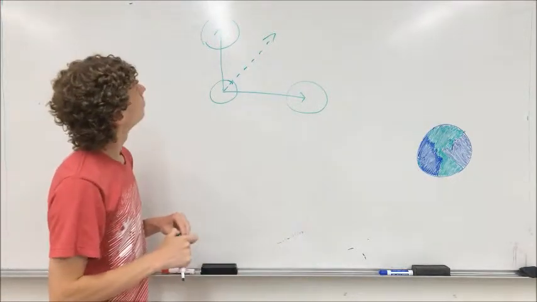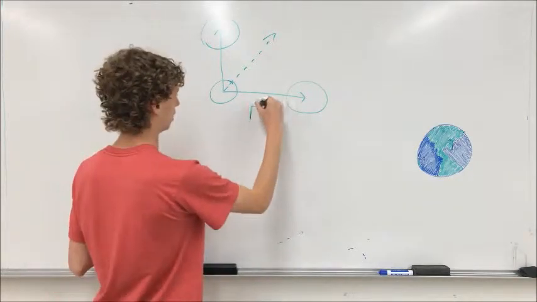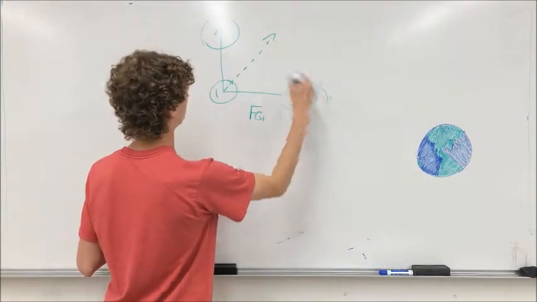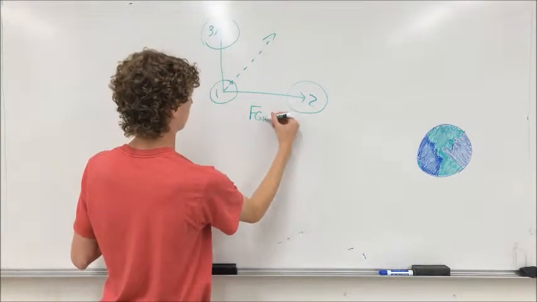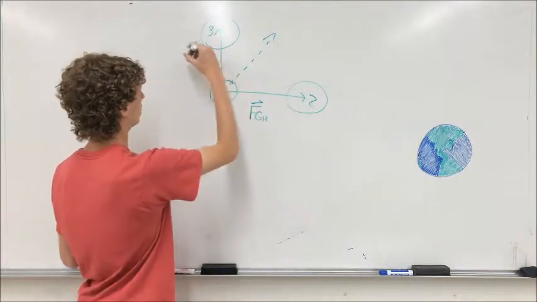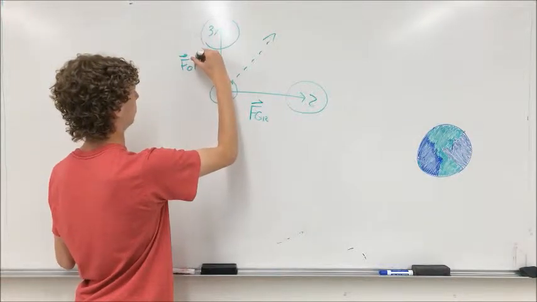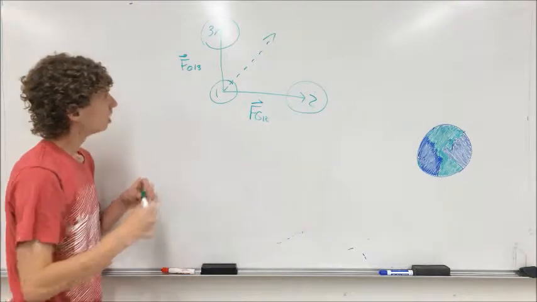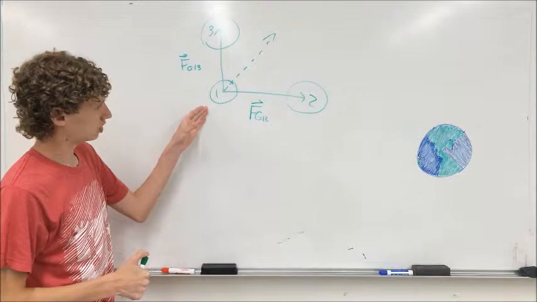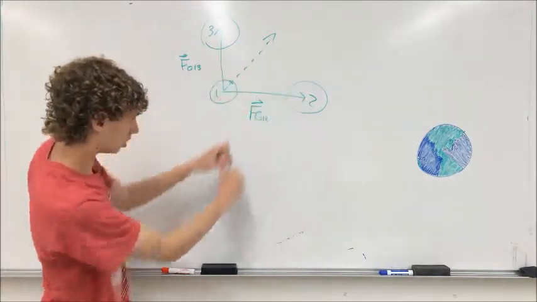Let's call these body 1, body 2, body 3. So the force between 1 and 2 plus the force between 1 and 3. Add them up just like you would any other vector, and you get the total gravitational force on this object. It would be feeling a pull in this direction because of the two objects here and here, slingshotting it this way.